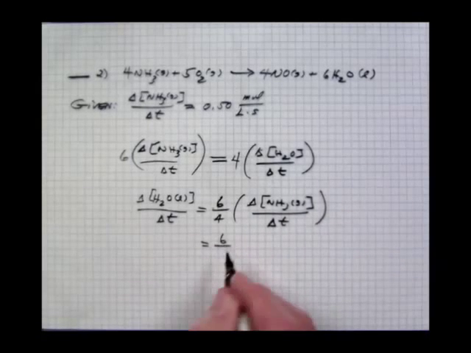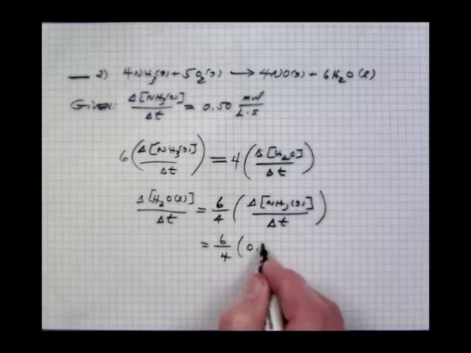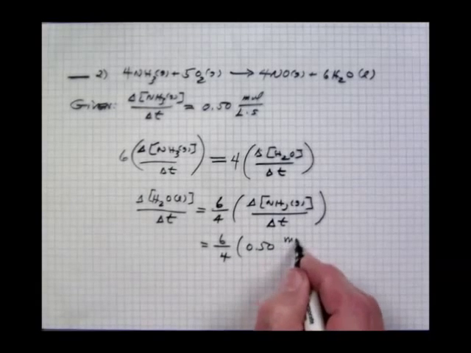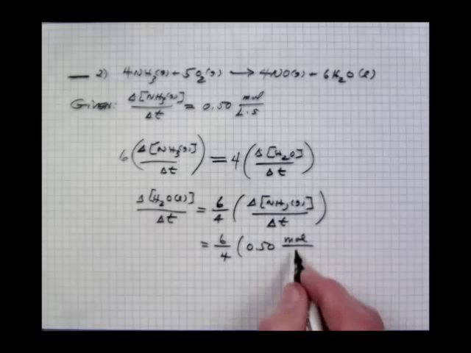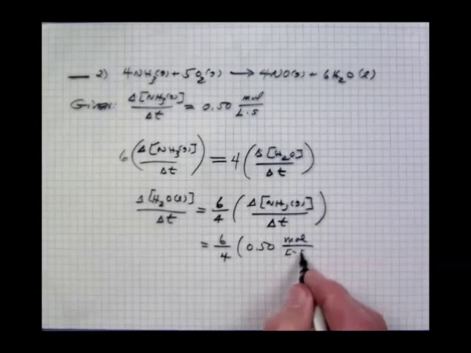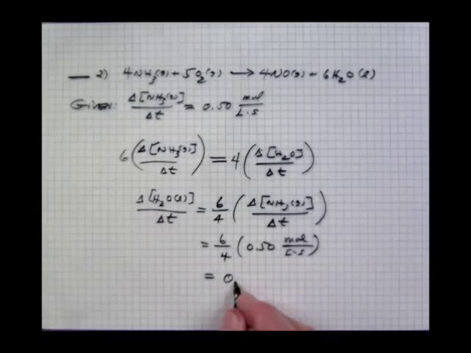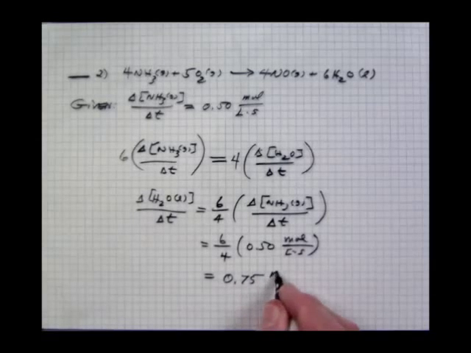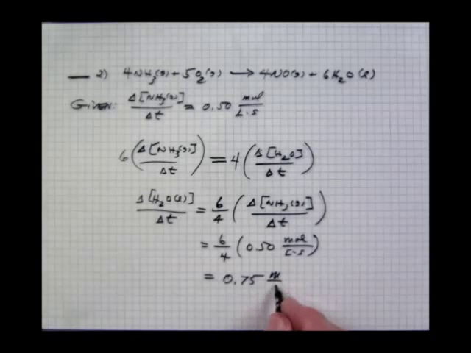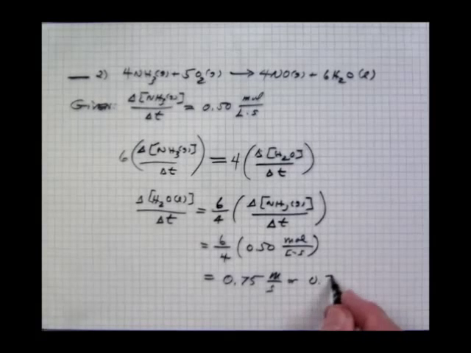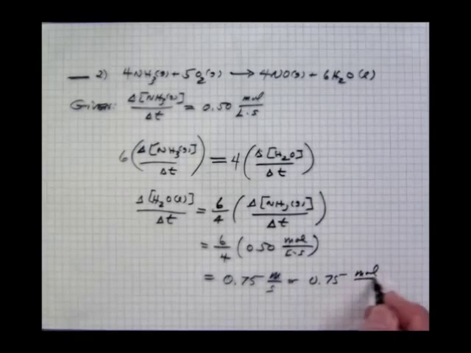So it's 6 over 4 times 0.50 mole per liter second, and I got 0.75 molar per second, or 0.75 mole per liter second.